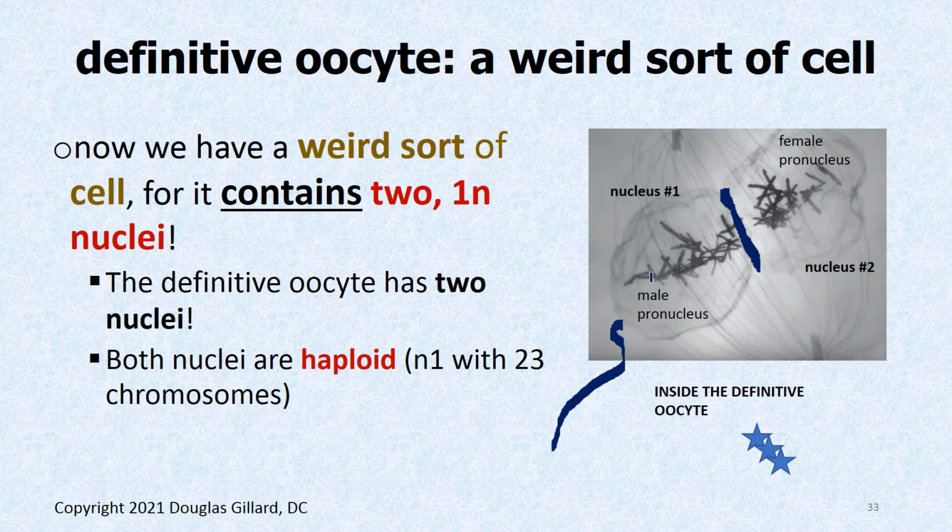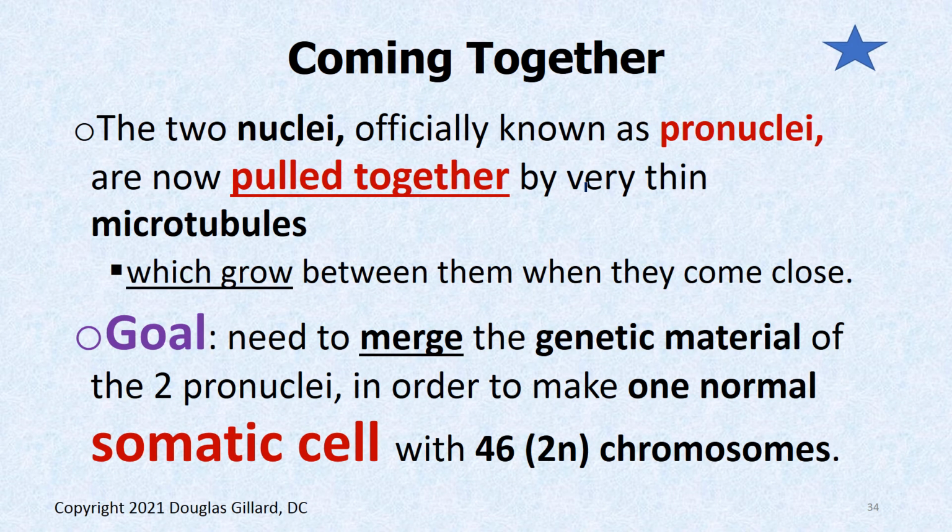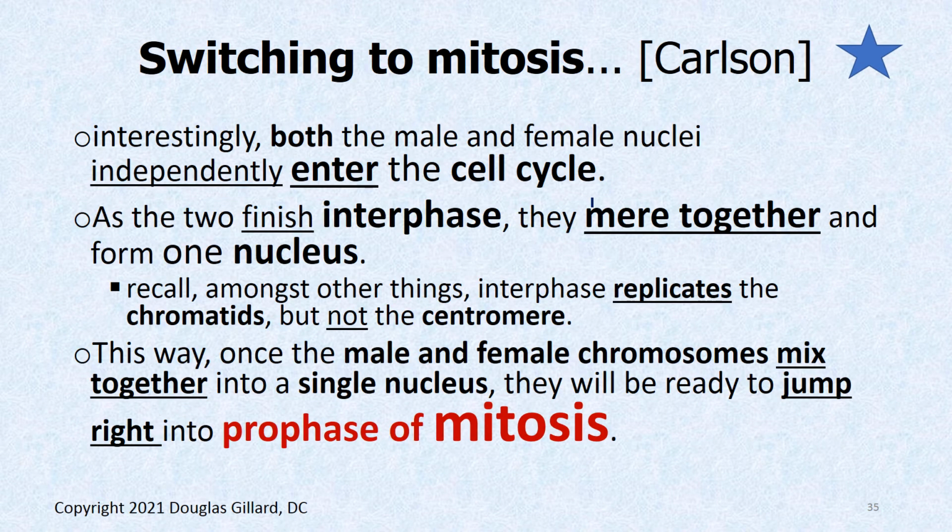So these are in metaphase. They're lining up here. Yep, these are metaphase chromosomes. These have already gone through interphase and replicated. So that's kind of weird. We have 2 nuclei going through interphase at the same time. So they've finished interphase, and I could have added here, they're actually in metaphase as they mix together.